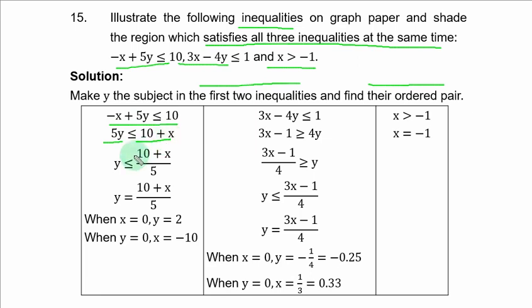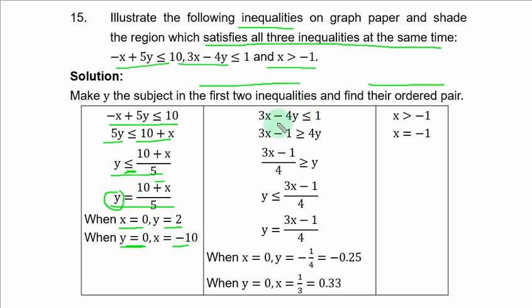Divide both sides by 5. You have this result. You change this symbol to equality. You have this expression. When s equal to 0, if you put 0 here, y becomes 2. And when y equal to 0, if you put 0 here and solve for s, you have minus 10.